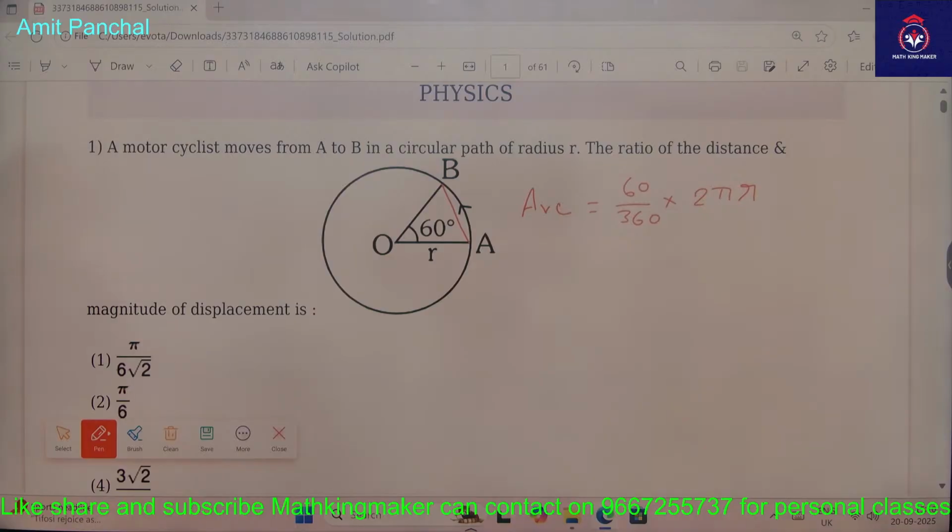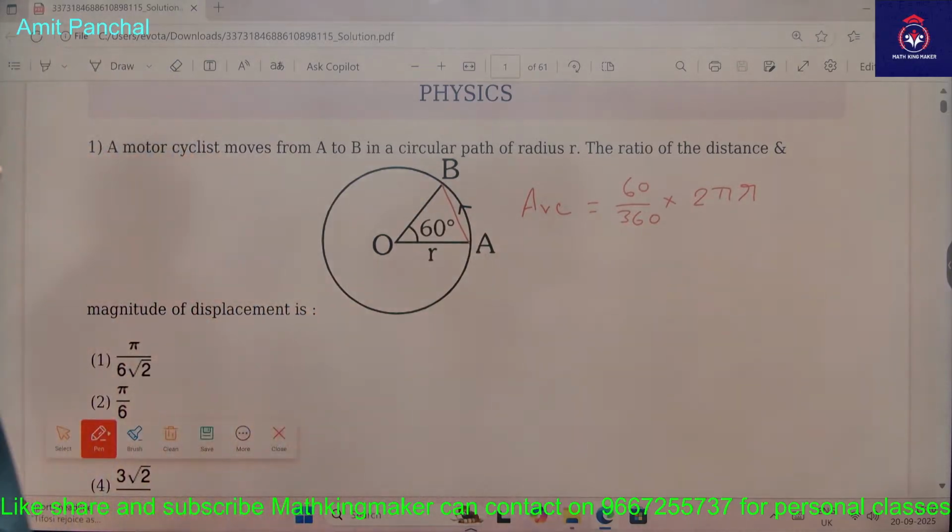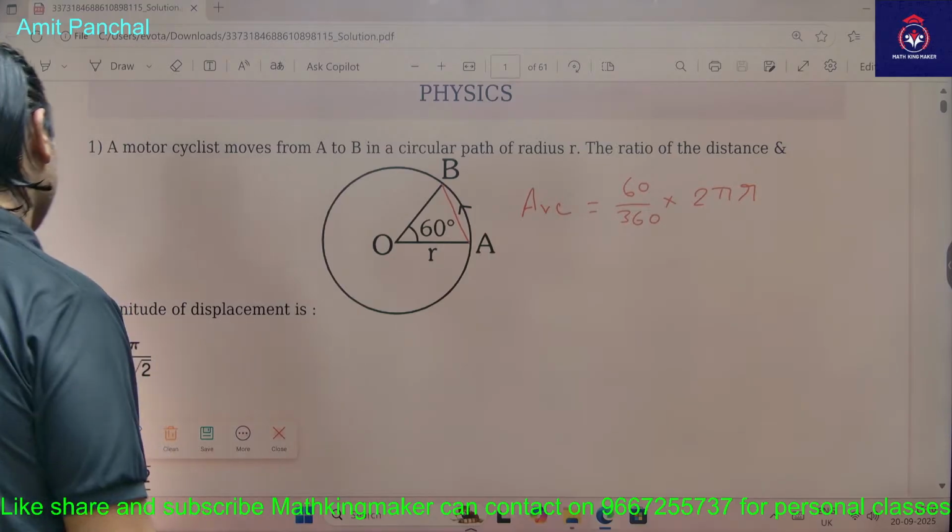Sorry, it will be the displacement. So how are you going to calculate it? By using trigonometry. We have the angle and we have one of the distances. Which trigonometric formula will you use?